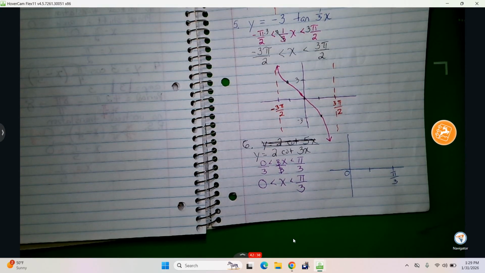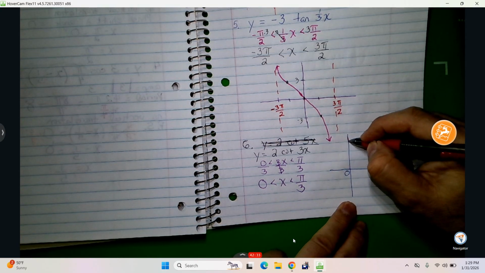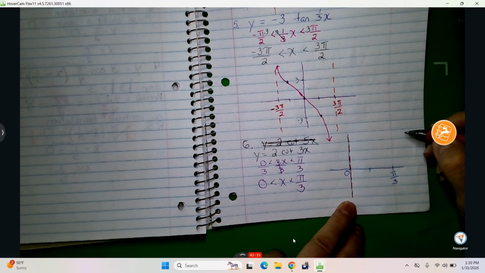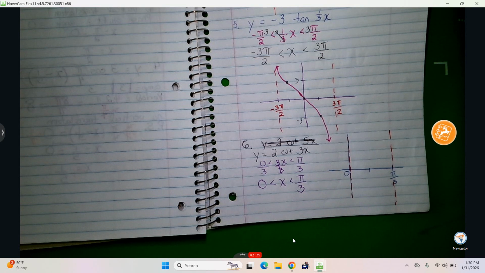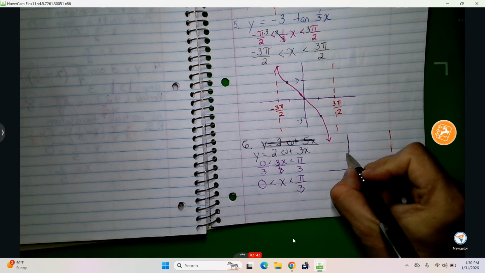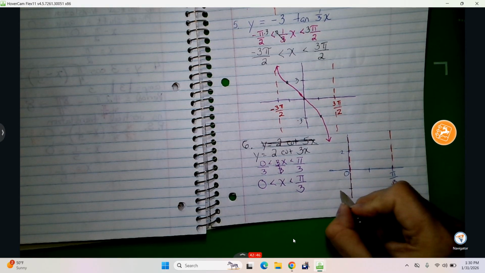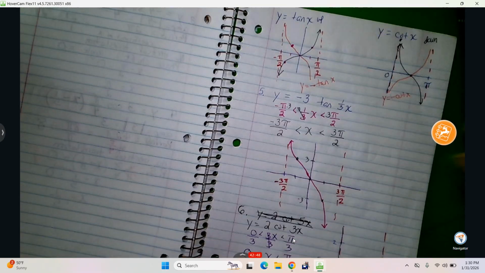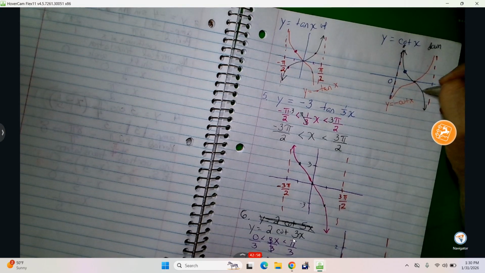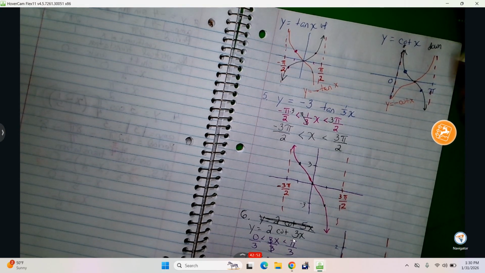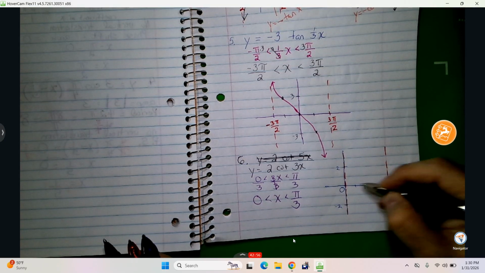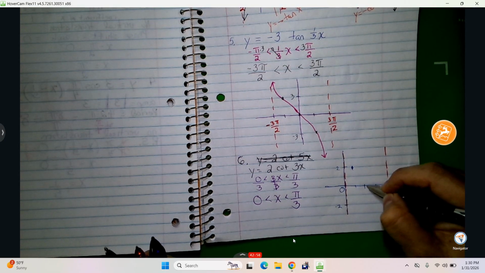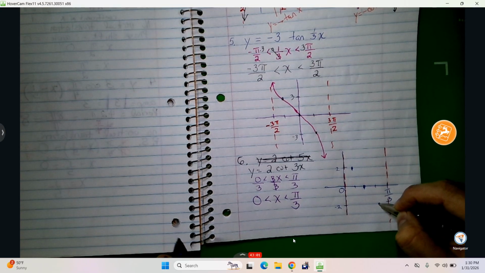So the asymptotes are at 0 and pi over 3. We're going to put our 3 primary dots. It would be up here 2, -2. Cotangent is the one that goes down when you look from left to right. Let me draw my little dots there, there, there.